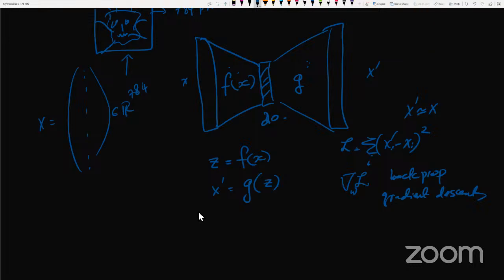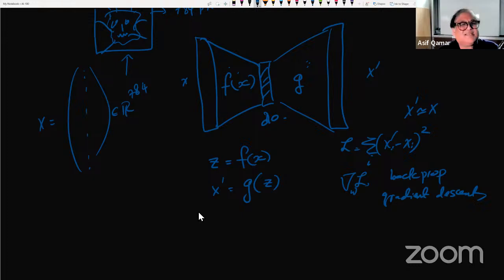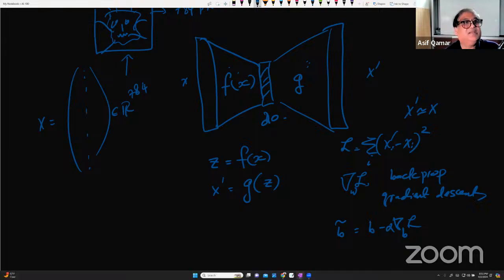One question: typically what happens to the biases? Biases are just parameters, right? They also learn. You update biases by taking the gradient with respect to the bias. So when we say weights, we mean both weights and biases.